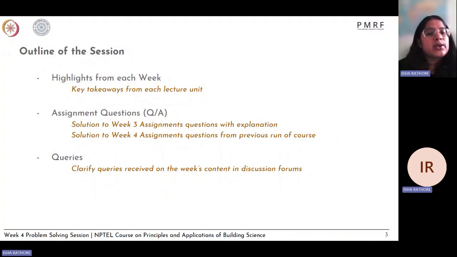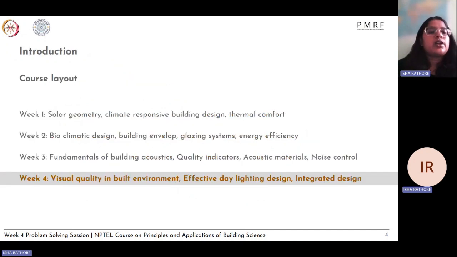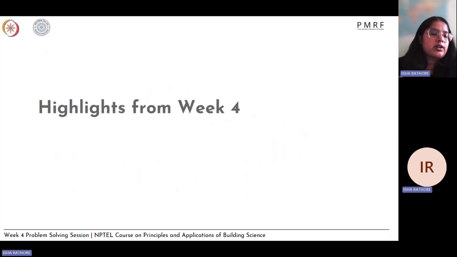And lastly, if we received any queries from you in the discussion forum relating to week 4 content, we would also clarify these queries. So week 4 looked at the visual quality in built environment, the effective daylighting design and an integrated design approach. So we will now look at highlights from week 4.